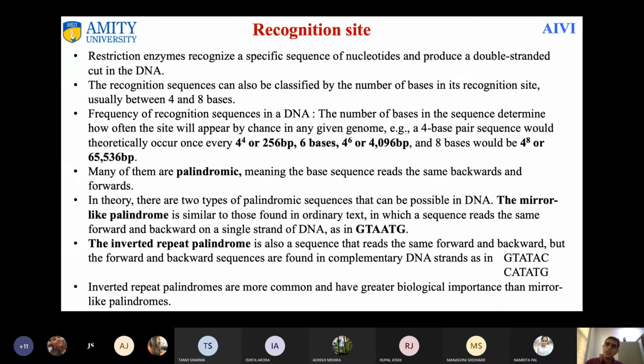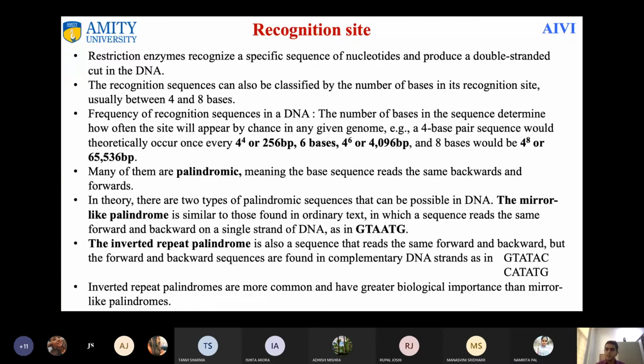You know that in terms of the triplet code, 64 types of triplet sequences are there. But here we are not just talking about triplets. It may be 4 nucleotides, 5, 6, 7, or 8. Usually recognition sites are 4 to 8 base pairs long. So now you can calculate the probability of finding this sequence.